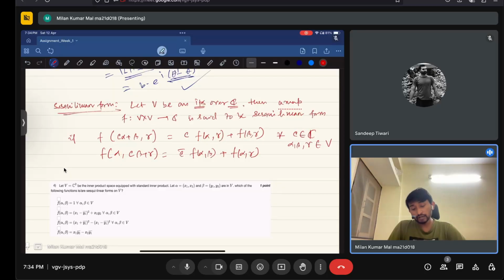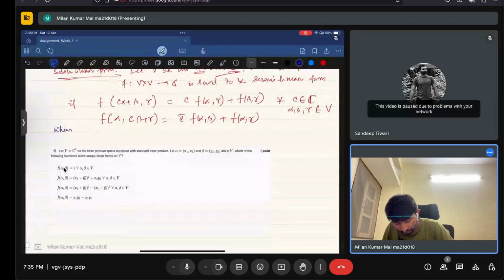But the interesting fact here is that we can take this field as the real numbers. There is no problem about that. Then this conjugate linearity will not be there, and it will be linear in both variables. When we take V as a vector space over the real field, then F is called a bilinear form.